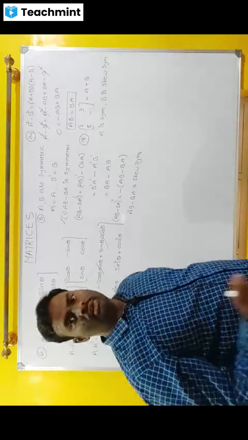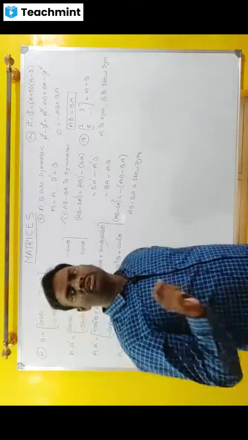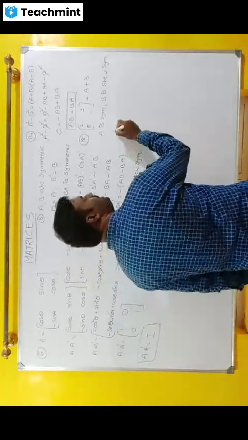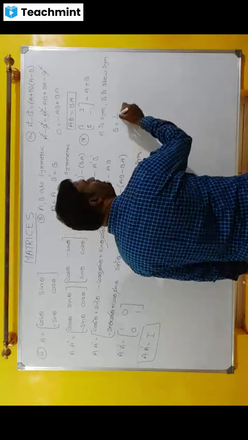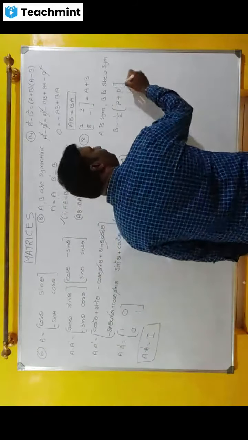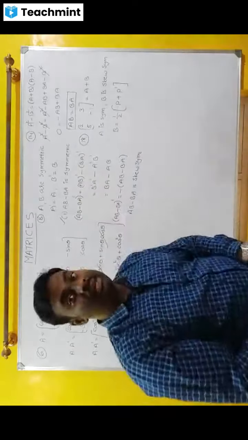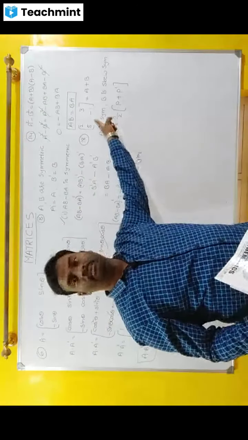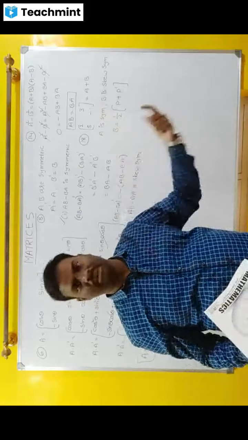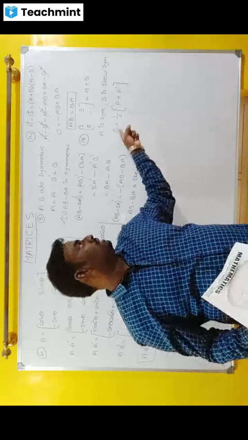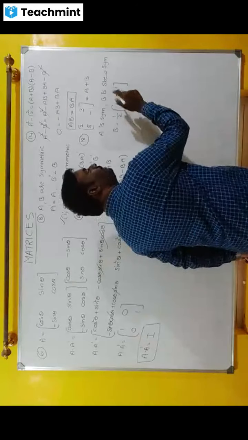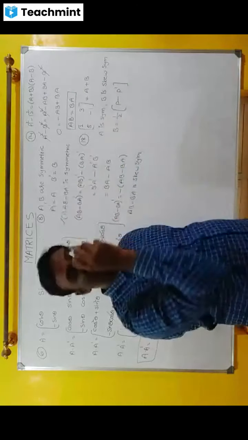In the question they asked to find B. Let me call the given matrix P, since A and B are already used. Half into P plus P dash is symmetric, and half into P minus P dash is skew symmetric.